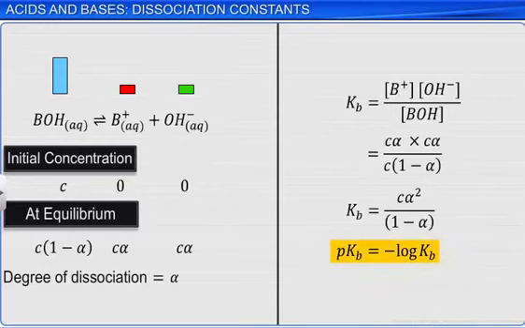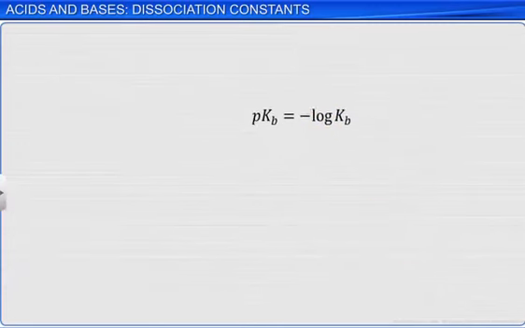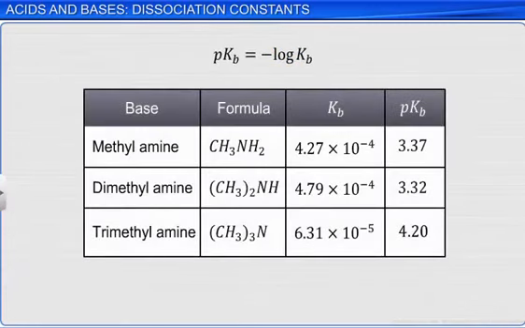The stronger the weak base, the higher the value of Kb and the lower is the value of pKb. For example, among the alkyl amines, dimethylamine with a higher value of Kb and a lower value of pKb is the strongest base.